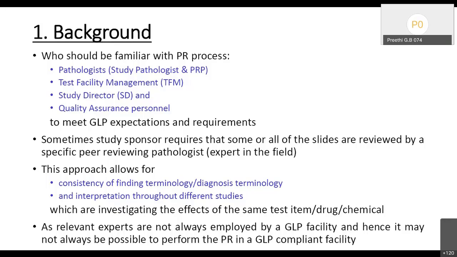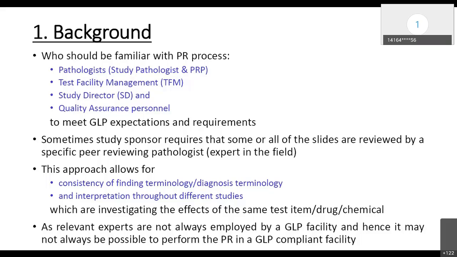So who should be familiar with the peer review process? Until now, you must be familiar with the terminology like pathologist, peer review pathologist, test facility management, study director, and quality assurance personnel, as the program is specifically focusing on the GLP principles, and this program has been running since 22nd.